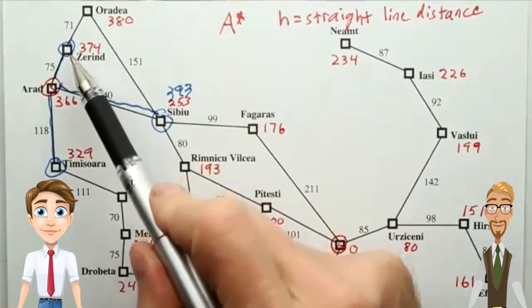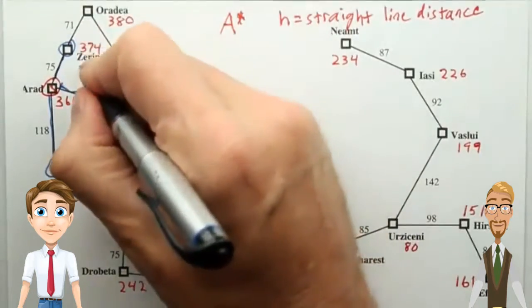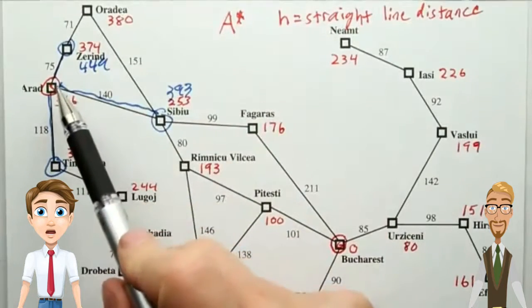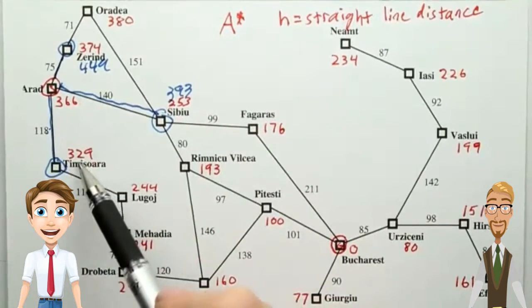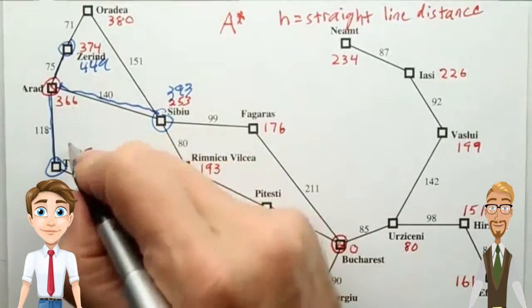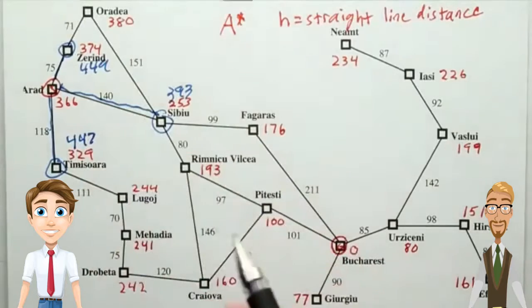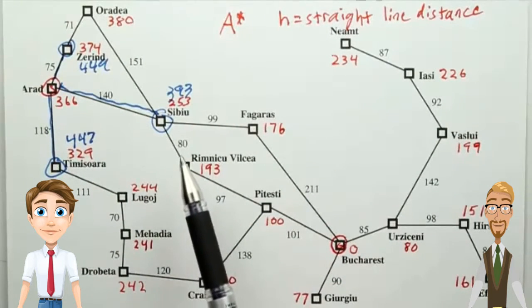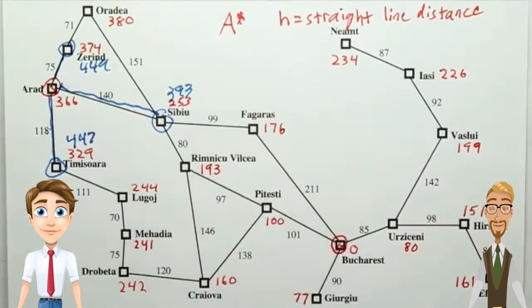For this path, 75 plus 374, 449. And for this path, 118 plus 329, 447. And now the question is, out of all the paths that are on the frontier, which path will we expand next under the A-star algorithm?